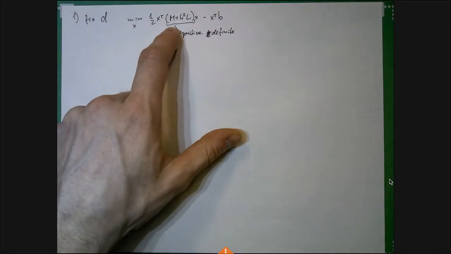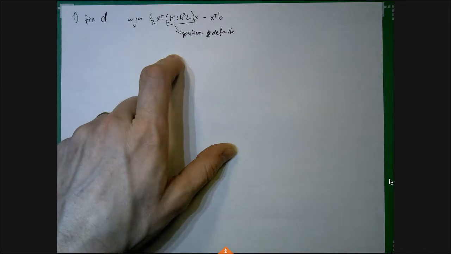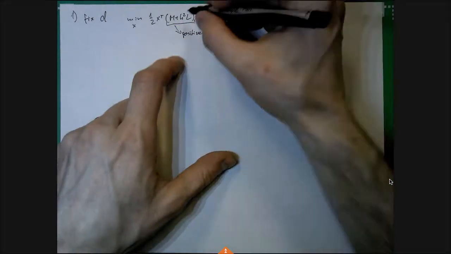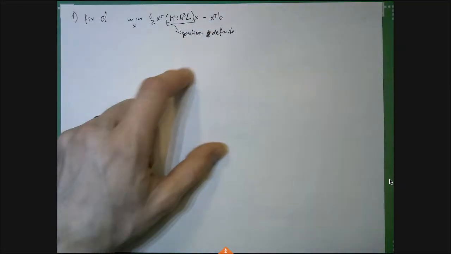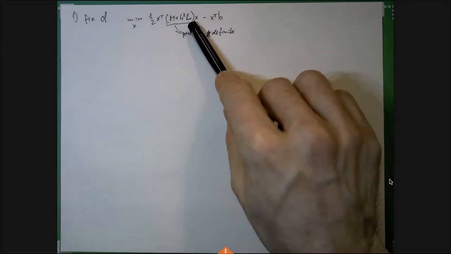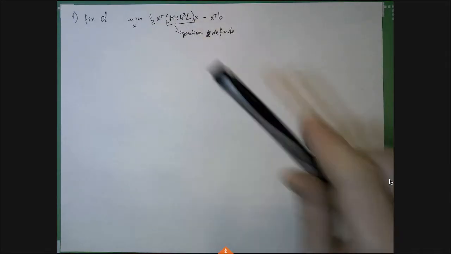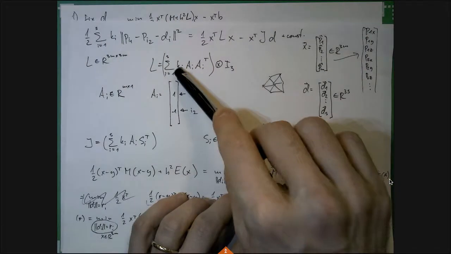It is constant in the sense that it does not depend on x, and it does not depend on d either. There's actually even more we can say about the L. If you know something about graph Laplacians, the L is essentially a Laplacian of the mass spring system graph, weighted by the stiffnesses.